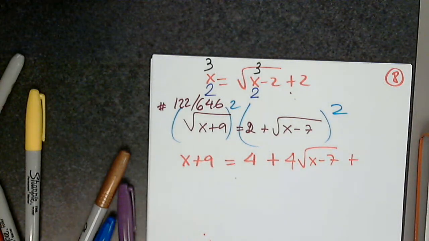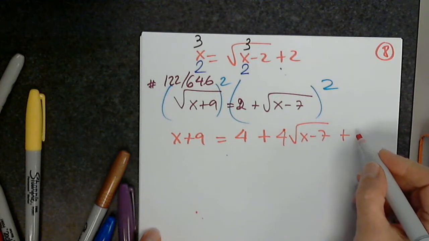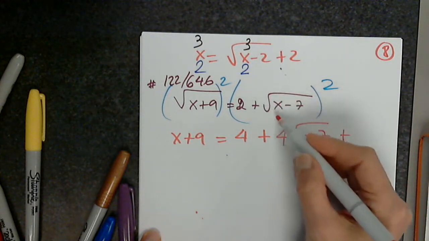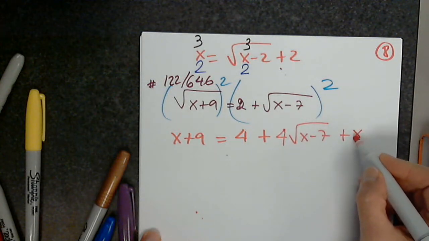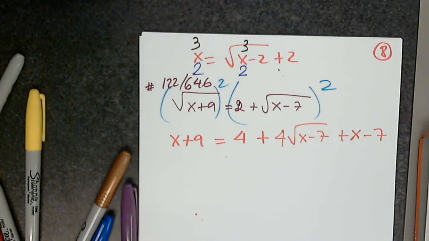Plus, perfect, the second term squared. This is my second term, and I have to square it. Excellent. Don't do anything just for a moment. Let's look at it and talk about it.